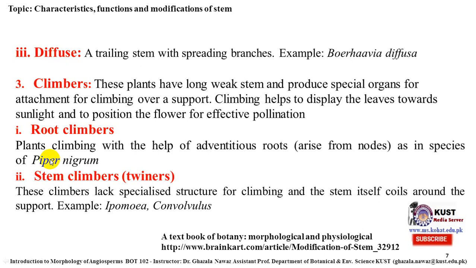These climbers lack specialized structures for climbing, and they coil themselves around the support and climb over it. Examples are Ipomoea and Convolvulus, which are very common plants. If you look around, you can find these stem climbers and root climbers.